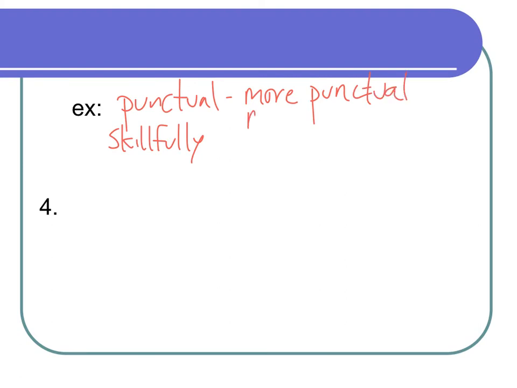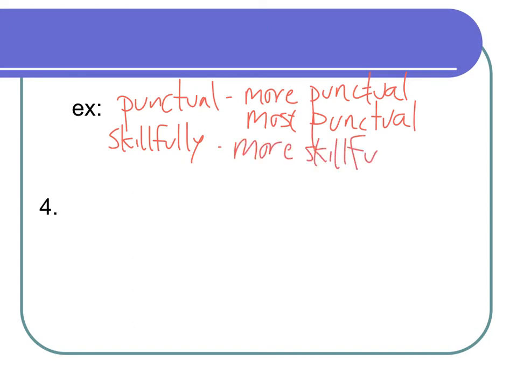And then you're going to say most punctual for the superlative. And then skillfully, again, you'd say more skillfully for the comparative. And then for the superlative, you just say most skillfully.